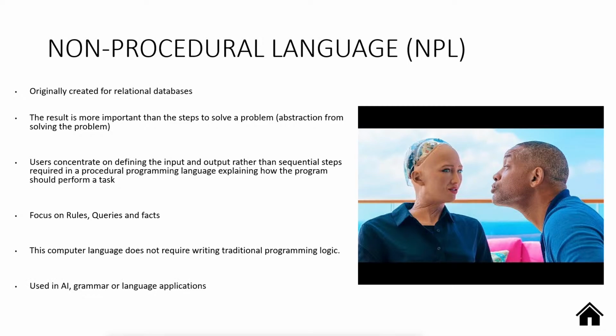Finally, it's used in systems such as artificial intelligence, grammar packages like Google Translate, where it has to determine what language is, the style of the language and the handwriting, and also language applications where there is ambiguity. Language applications are really difficult to program and write code for because you have 2, 2 and 2 and you don't know which one you're talking about. That's why we use machine learning and artificial intelligence to help us out.